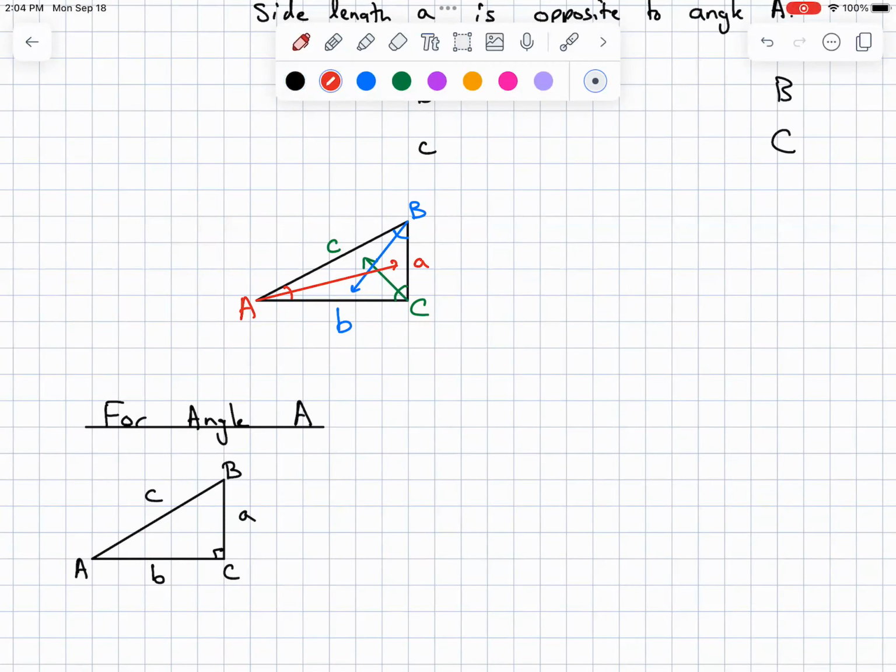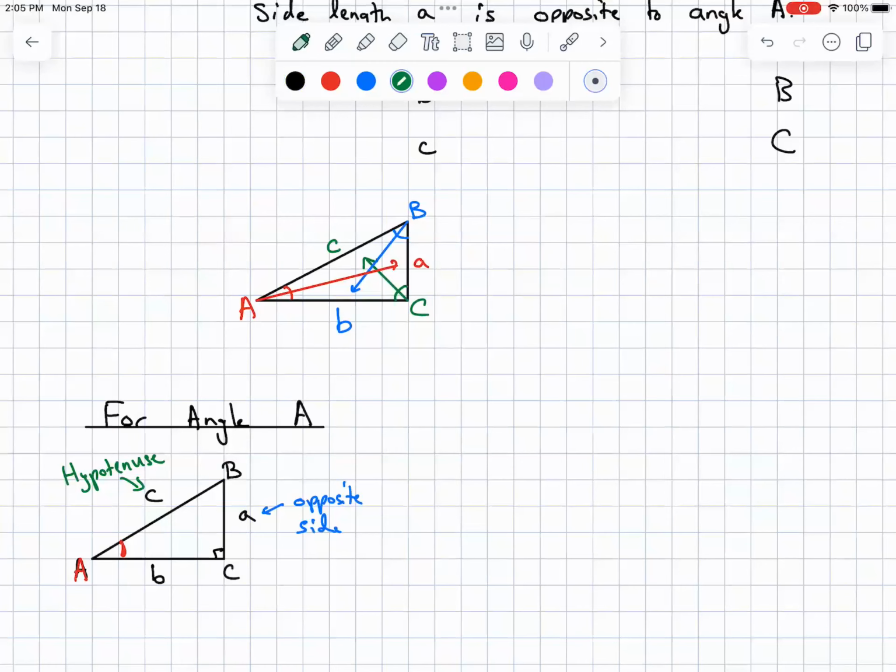In relation to angle A, lowercase a will be the opposite side. The hypotenuse is always the hypotenuse. It is always the side opposite the right angle, and consequently it's always the longest side.